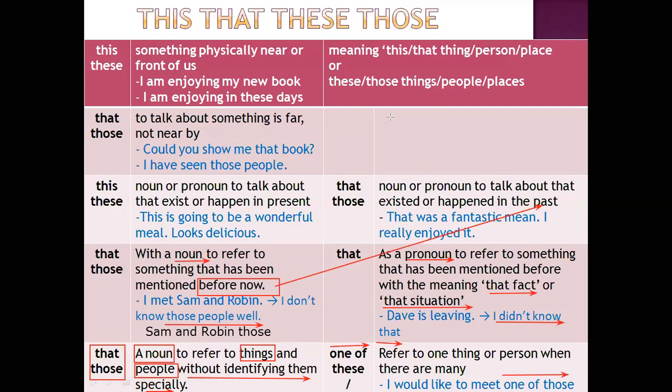Can we use it with one of that? Can we use it like this? One of that. Can it be? No. Why not? Because that is not plural, right?